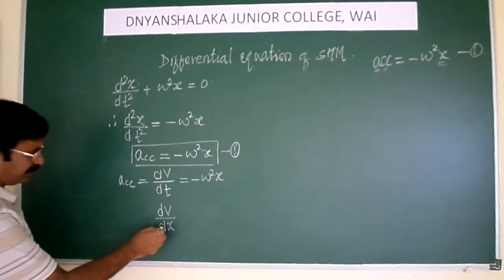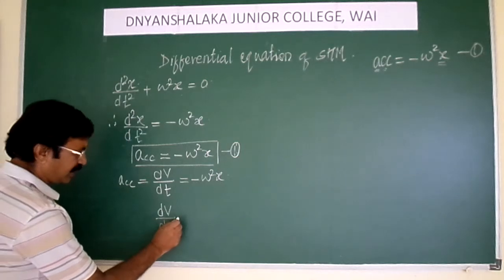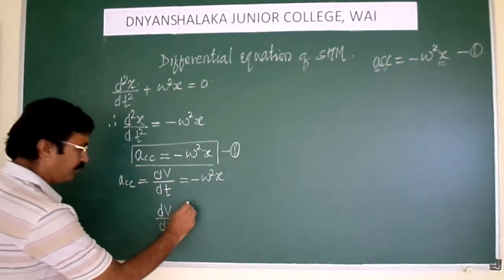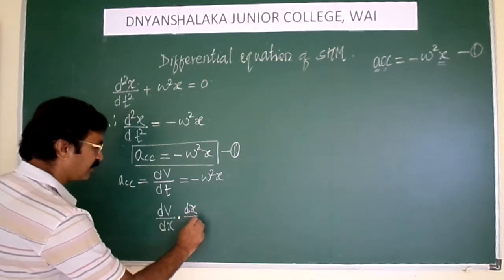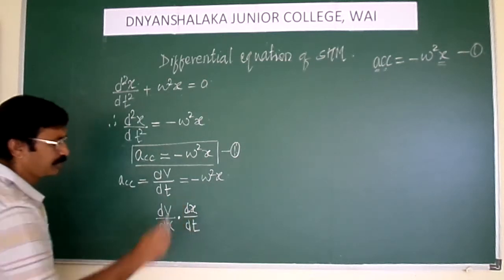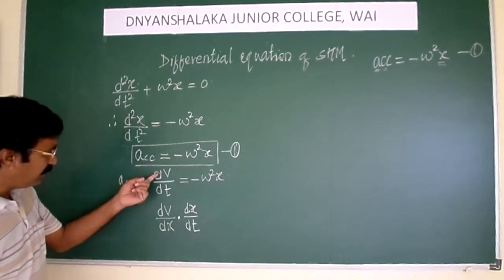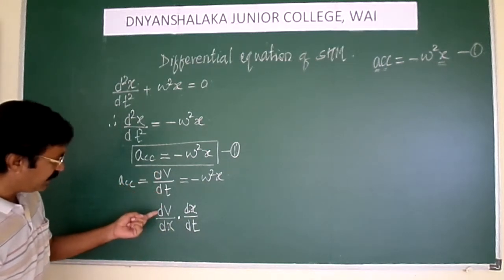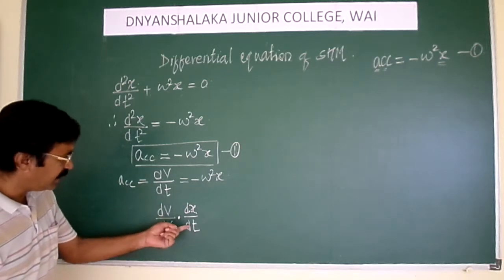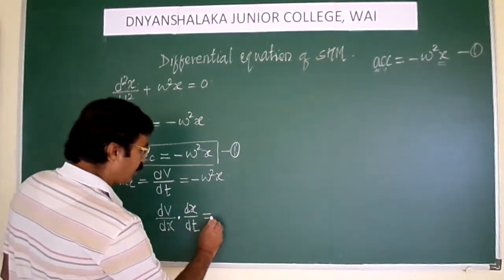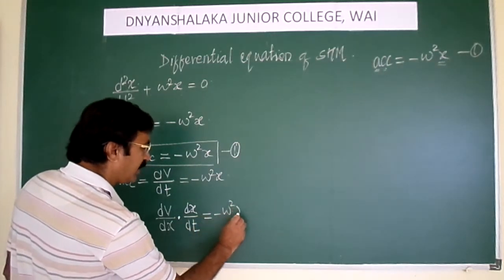As originally it is with respect to t, this can be multiplied by dx upon dt. So dv upon dt can be expressed as dv upon dx into dx upon dt. The original value remains the same, equal to minus omega square x.